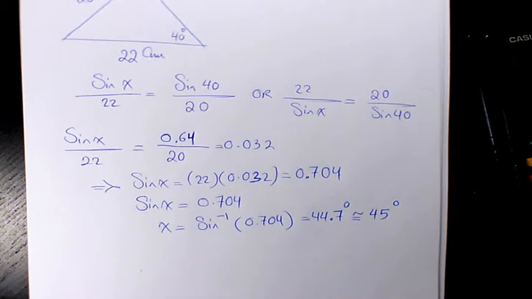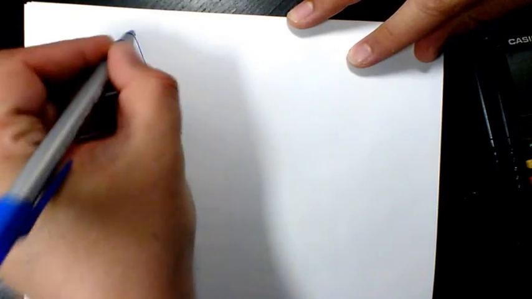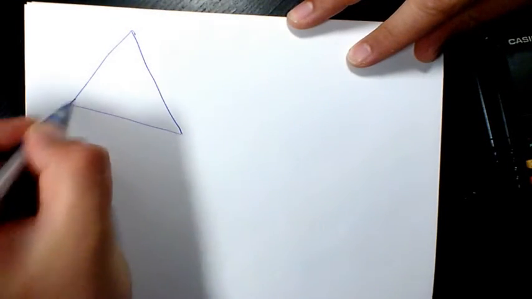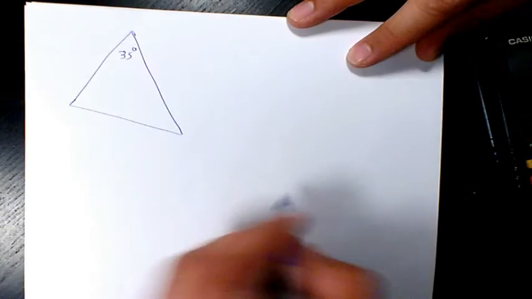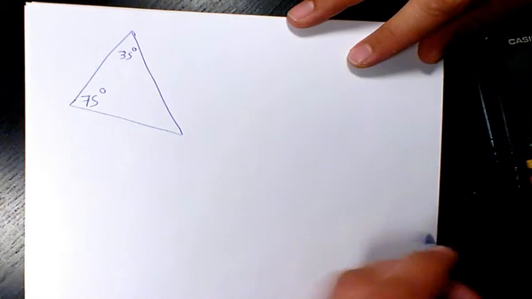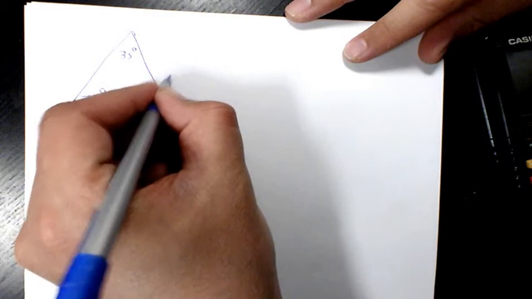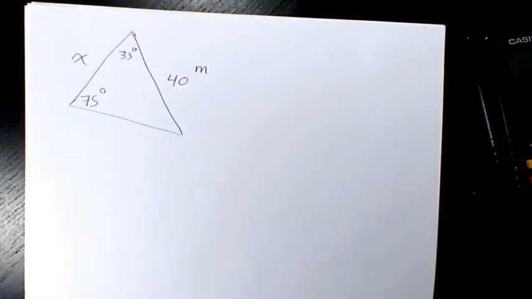So let's do another example. We have 35 degrees here, 75 here, and 40 meters here, and we need to find the length of this side.